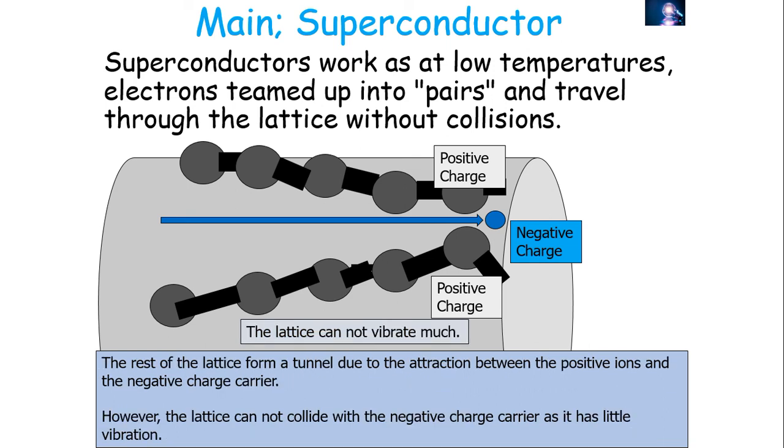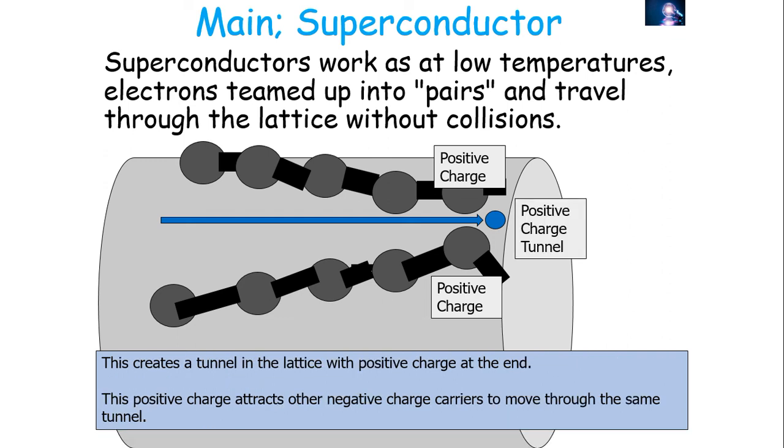Now, the lattice can't collide with the negative charge carrier as it has no energy to carry any vibration. So whilst it's attracted to the negative electron, it can't in fact collide with it because it has no further energy to actually hit it. Now this creates a tunnel in the lattice with the positive charge at the end. This positive charge attracts the other negative charge carriers to move through the same tunnel.